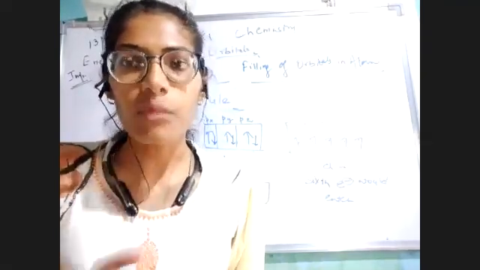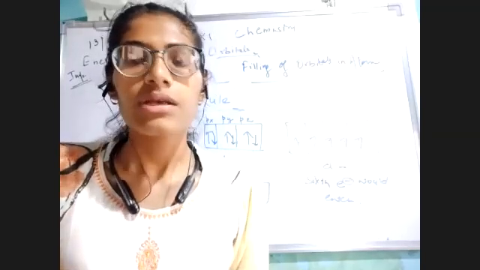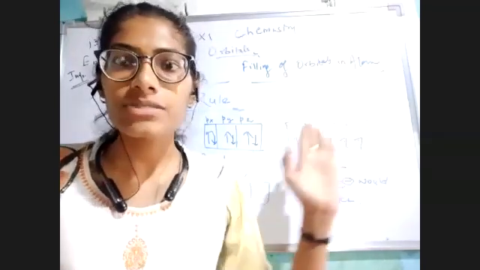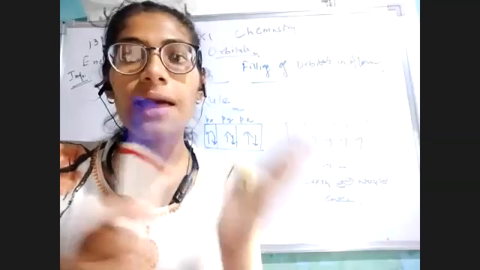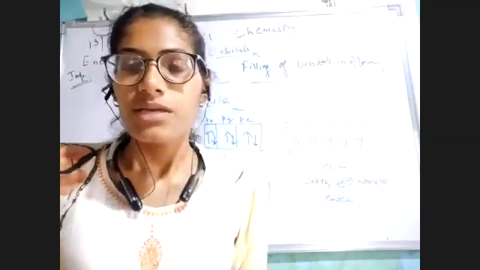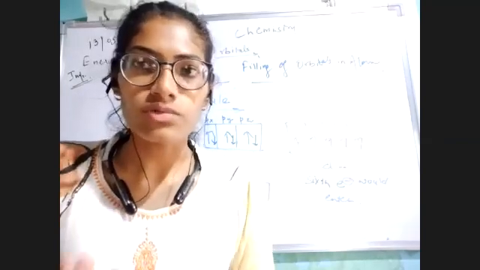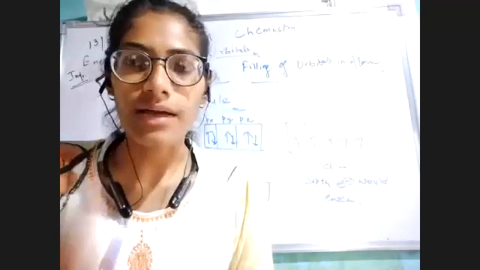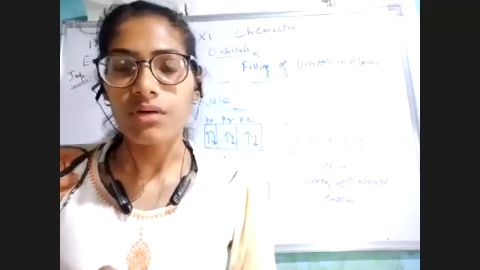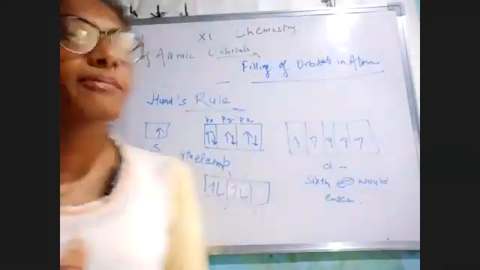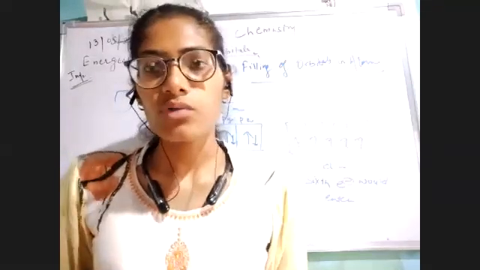This is a very important thing which we will study in tomorrow's class, that on the basis of all these rules, we are going to apply them practically. So this is a practical application of these rules to get our electronic configuration, which is very important. So this was all from my side. If you have any doubt or query, please ask me.